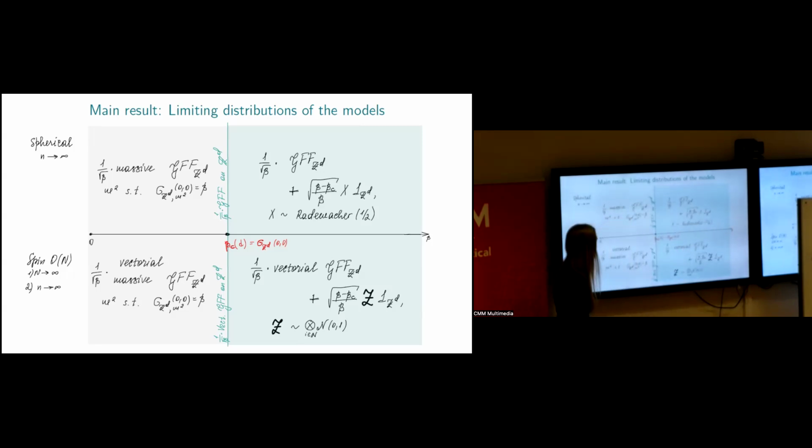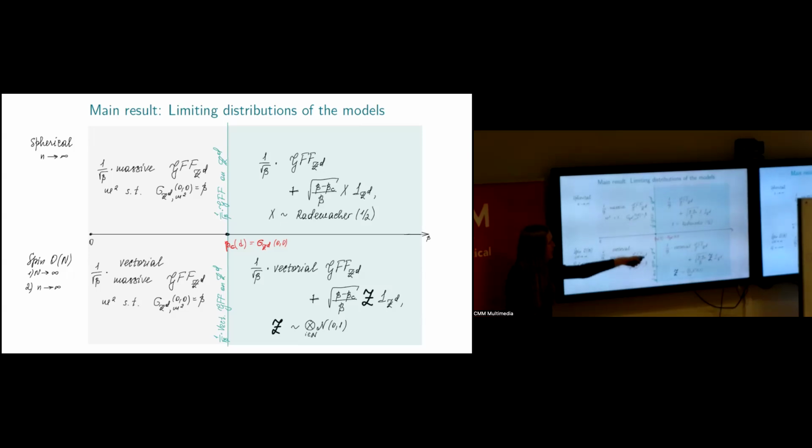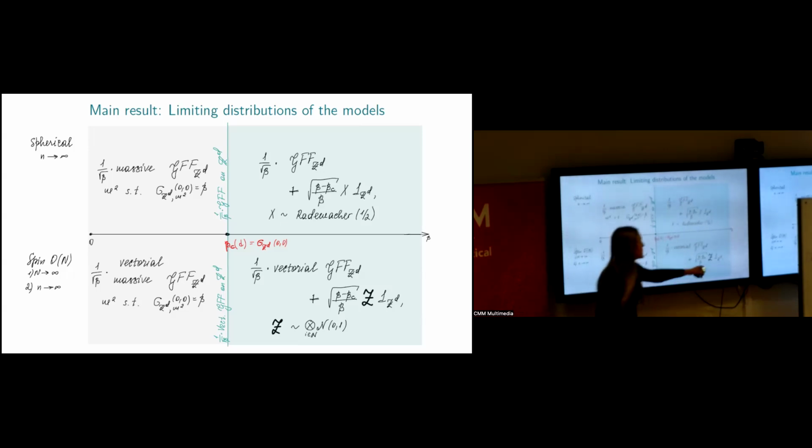And for the spin N model, when we first take capital N to infinity, the spin dimension, and then the volume of the torus, we get the vectorial GFF with m squared chosen the same way, and above, the vectorial GFF plus this time a normal, constant in space, but normal in the spin dimension variable.